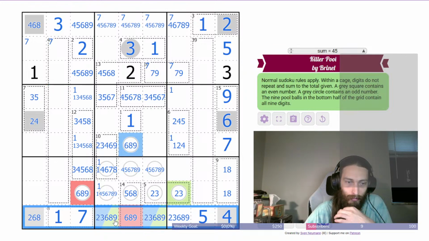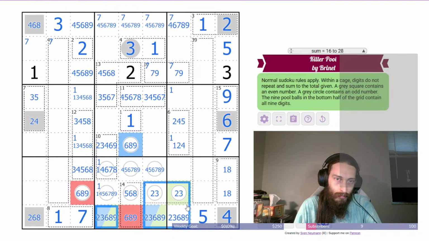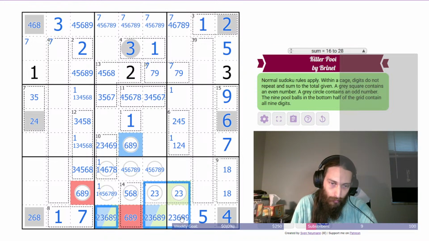Okay, what about here? 3 has a similar thing going on. Yeah, I think it's just 3.